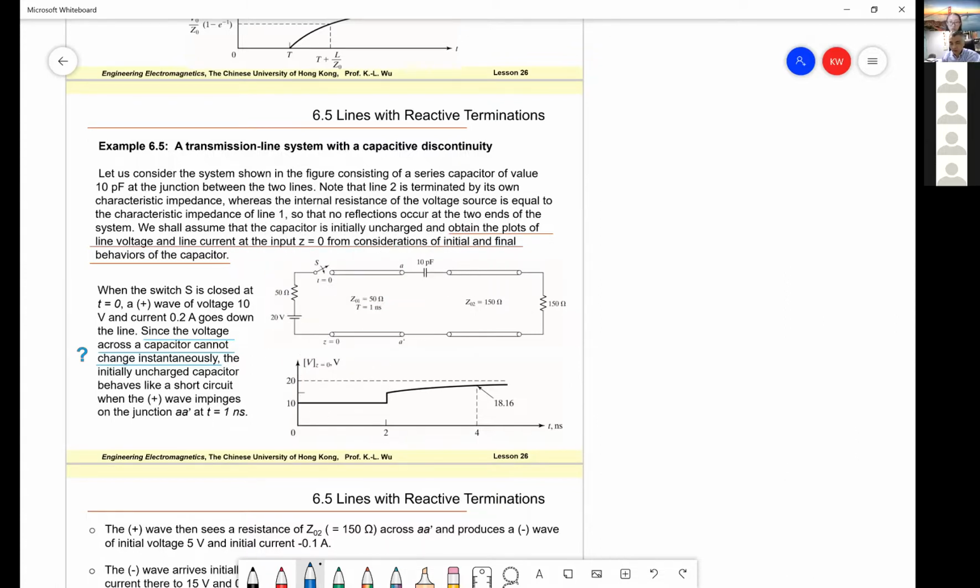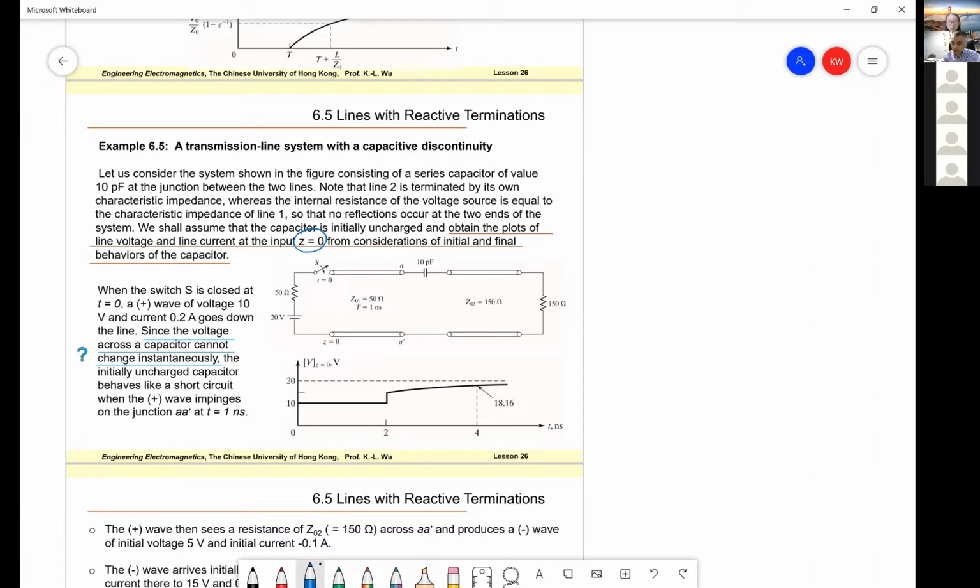And we gave a hint. First, we try to find the voltage and the current at the input. Let's say we find the voltage and current at the z equal to 0 location.